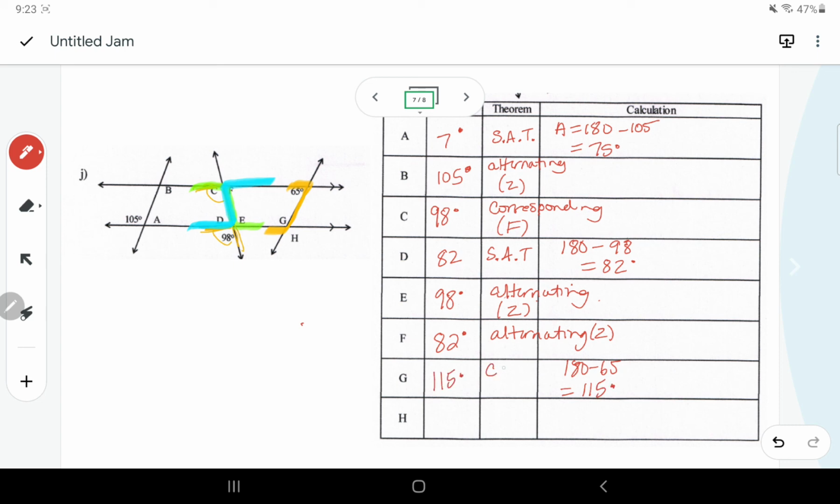And that's the C, or the interior. And H is the same as C because it's opposite. Okay. So hopefully you guys all have the right numbers there. Oh, I think I lost a 5 on that 75.